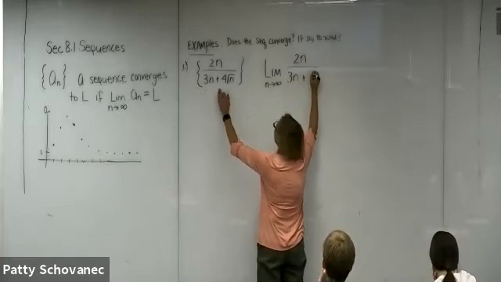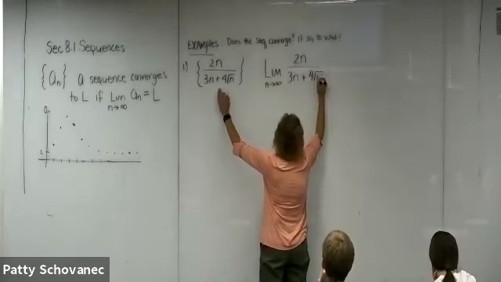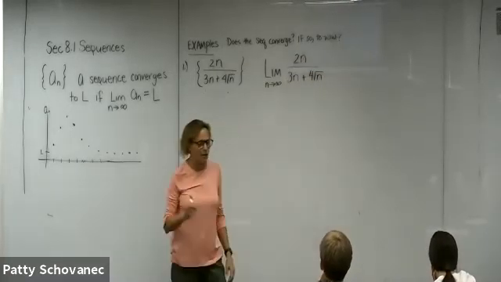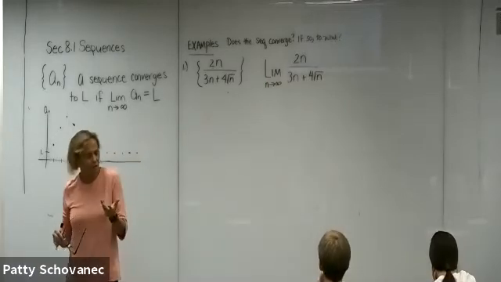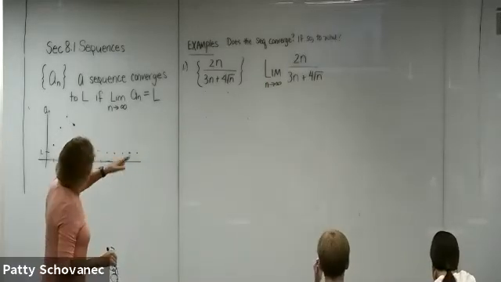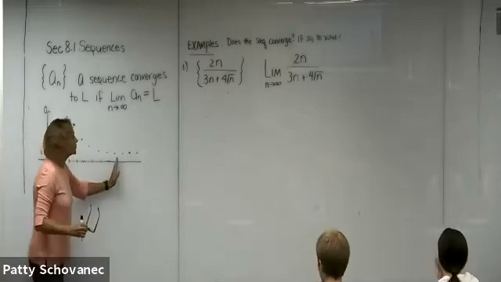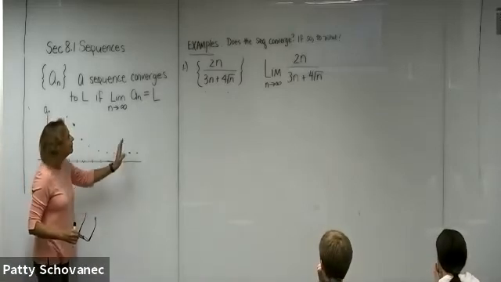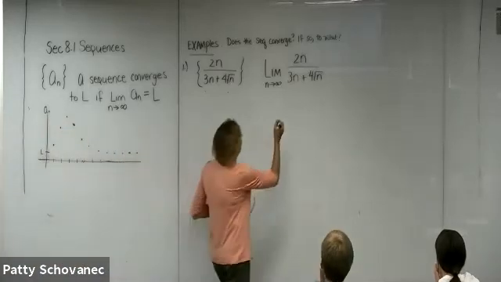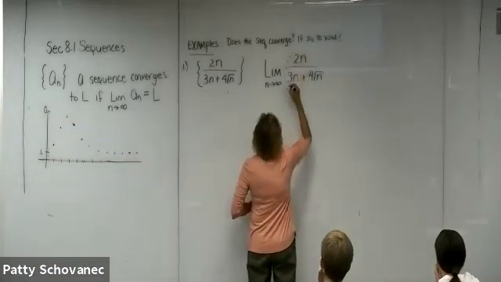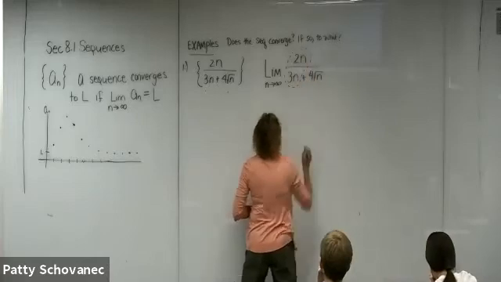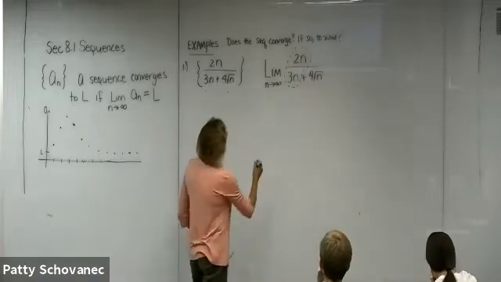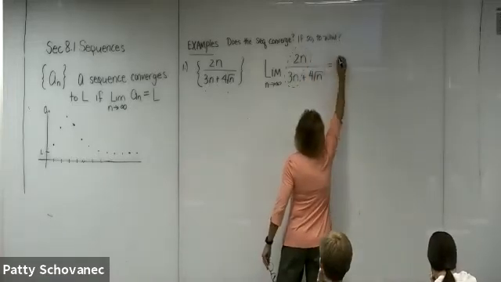In the denominator, I've got a power of n to the first and a power of n to the 1/2. So it's the n to the first power that controls the behavior when n is a real large number. The square root of n is just going to dangle around. But since they have the same power, in the long run, this behaves like that ratio, which gives us 2/3.